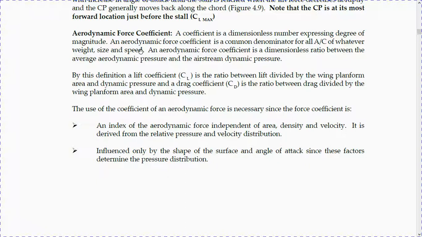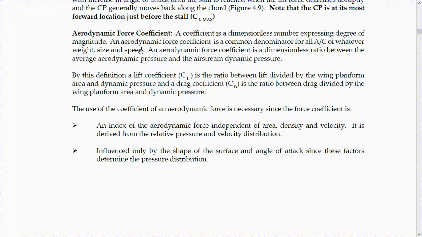It doesn't matter how many newtons of lift it is producing, because it's a coefficient, so it will be valid for all planes. So it is a number with no dimension expressing degree of magnitude.